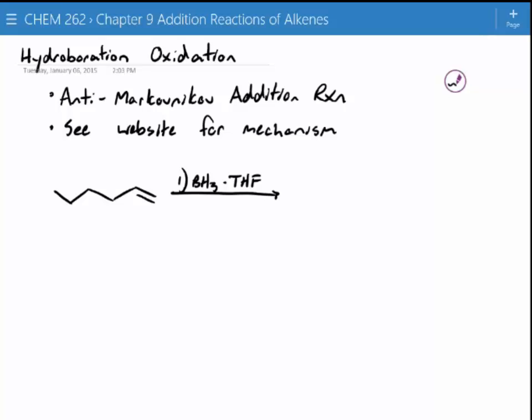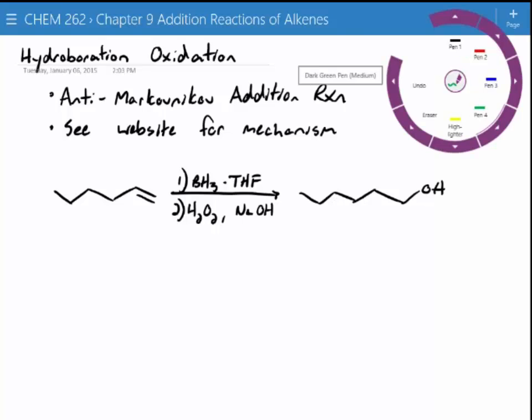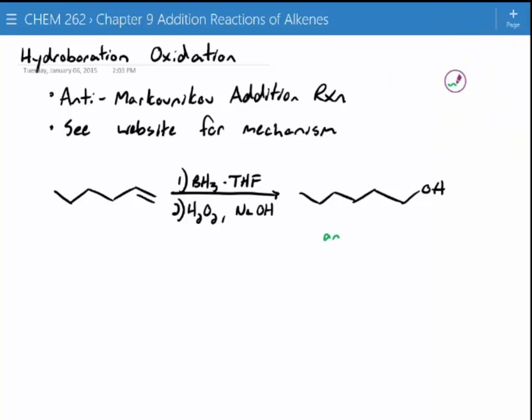It'll react with anything it can get a hold of. So the THF just stabilizes it. The next part is they react it with hydrogen peroxide and sodium hydroxide. And when we do this, we can get the alcohol installed on the less substituted side. So now we can observe anti-Markovnikov products.